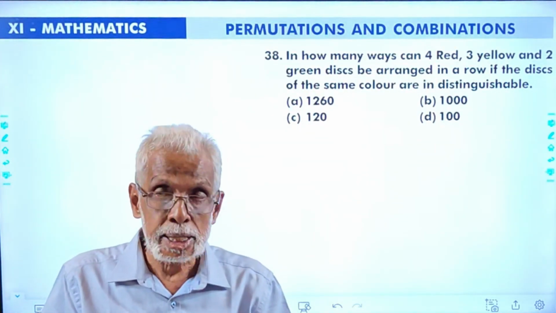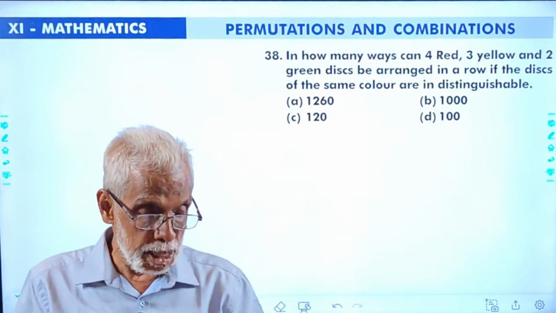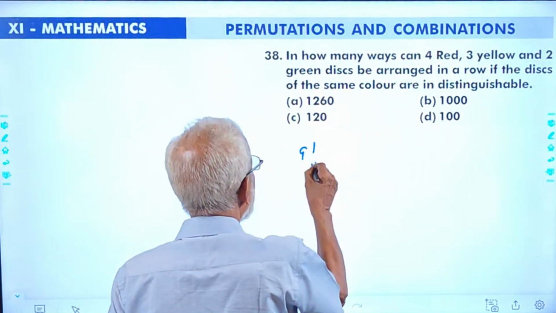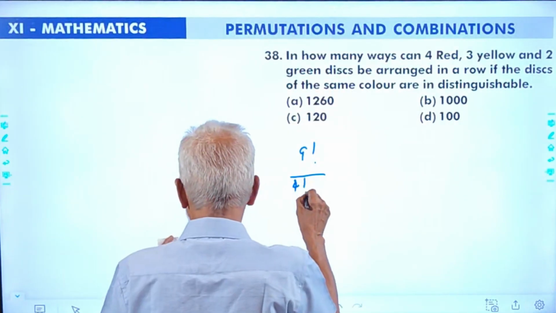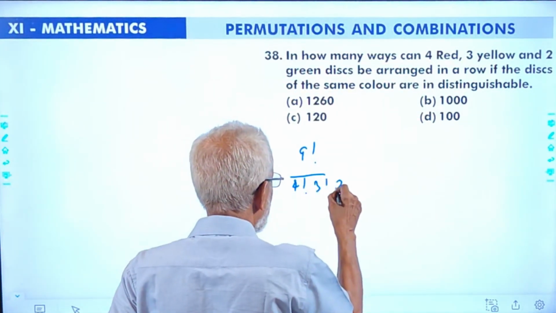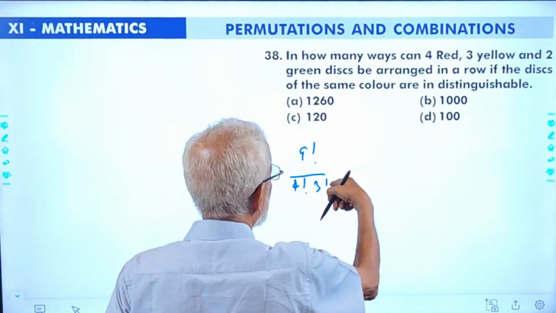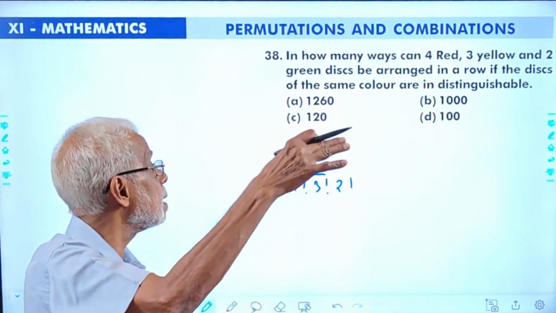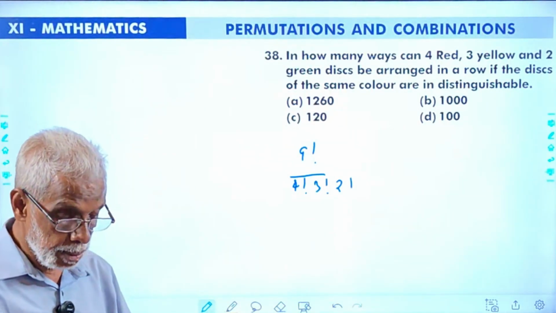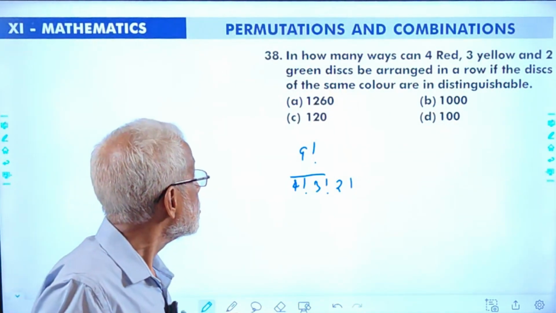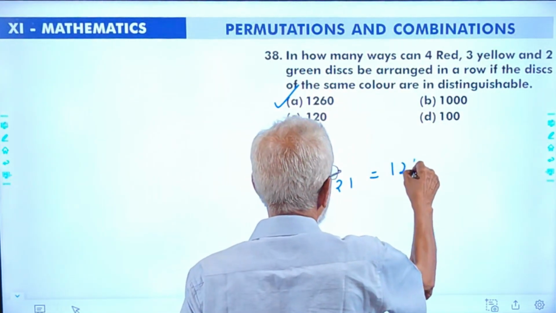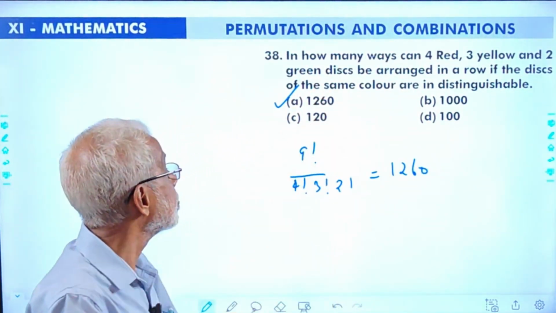Therefore, total number of discs is 4 plus 3 plus 2, which is equal to 9. 9 factorial by 4 factorial into 3 factorial into 2 factorial, because the discs of the same color are identical. Simplifying, we get 1260. You may do it at home.